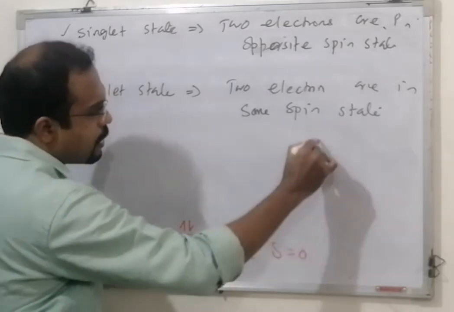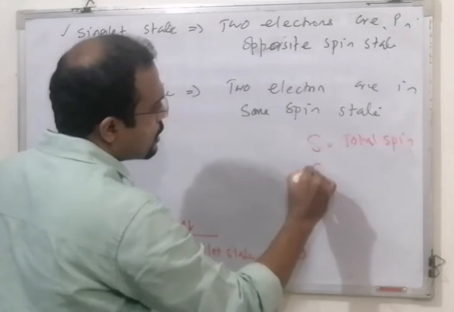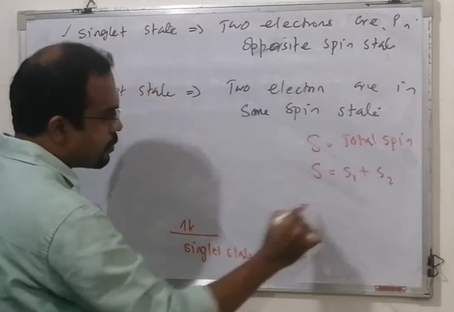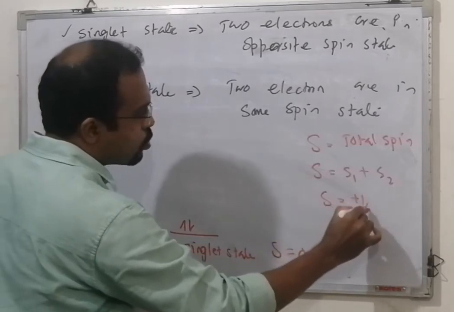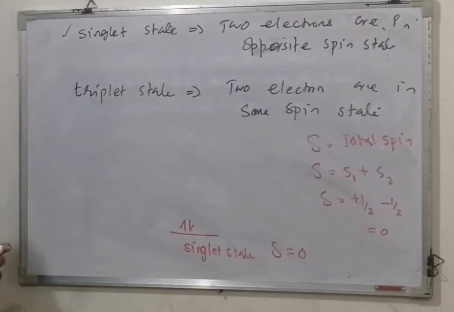What is S? S is the total spin, S1, the spin of this, plus S2, the spin of this. That is S equal to plus half minus half, that is 0. Singlet state, S is equal to 0.